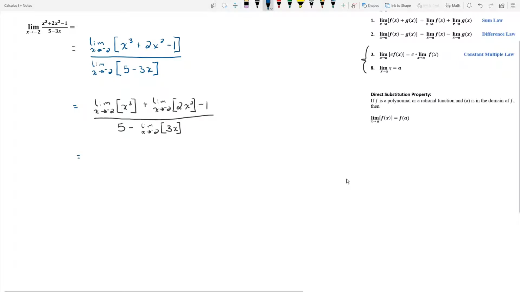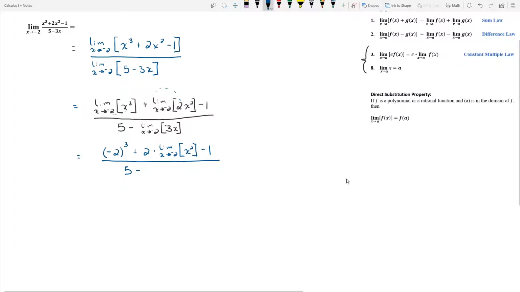So we are going to have -2 to the third. And here we're going to pull that out, and we are going to have plus 2 times the limit as x is approaching -2, leaving us with the function x squared minus 1 set over 5.